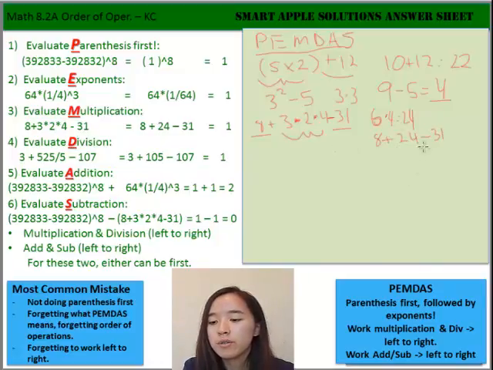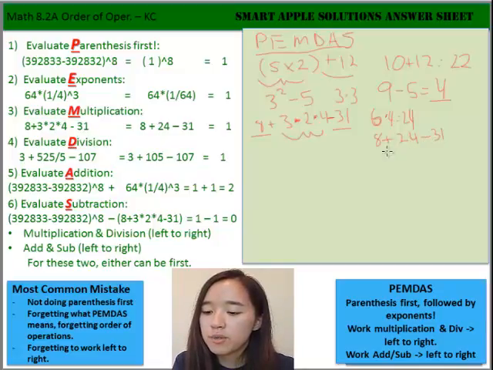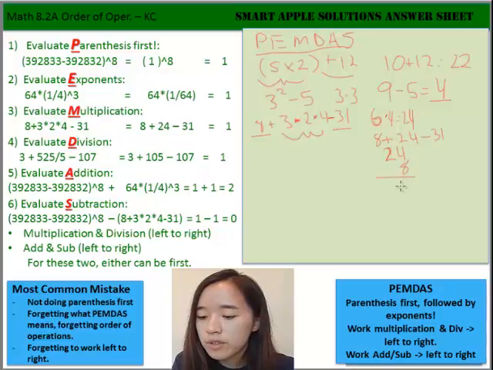So we're not going to do 24 minus 31. We're going to start with 8 plus 24. So 8 plus 24, we're going to bring down the 2, add the 1, that gives us 32, and 32 minus 31 gives us 1. So that's our final answer.